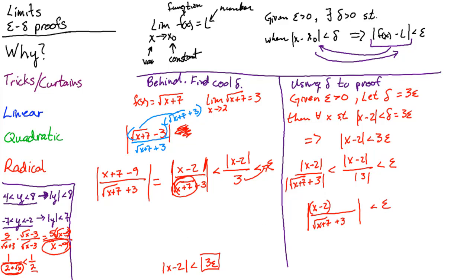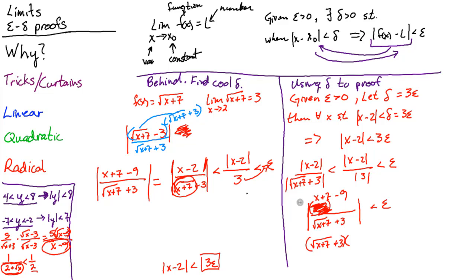And so now we just pull off that mask. So the trick here is now in undoing that, to make it look nice. This x minus 2, don't write it as x minus 2. Write it as, what did we need here? x plus 7 minus 9, which indeed factors into square root of x plus 7 minus 3 times square root of x plus 7 plus 3. How do you know that that does that?